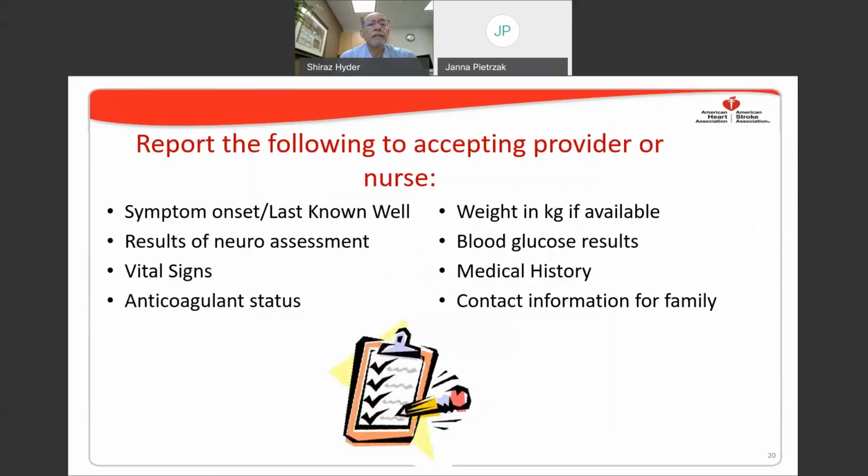So in the end, if the accepting provider or nurse can be notified of the last known well or when they started, results of the neuroassessment, the latest vital signs, anticoagulant status, weight in kilograms if available, blood glucose history, medical history, and then contact information for family is extremely helpful because a lot of times the EMS arrive at the patient and the family is en route and they are not accessible.